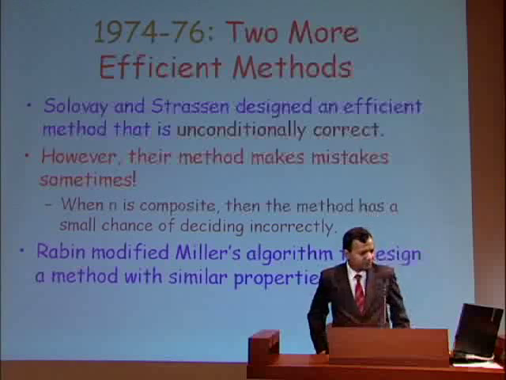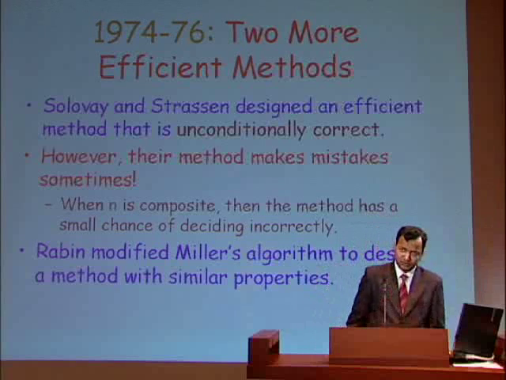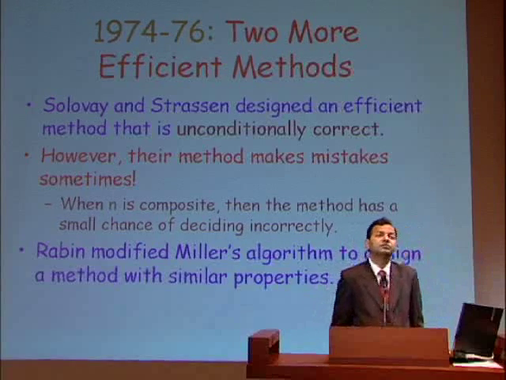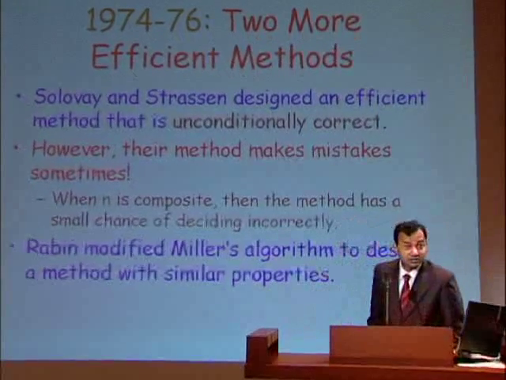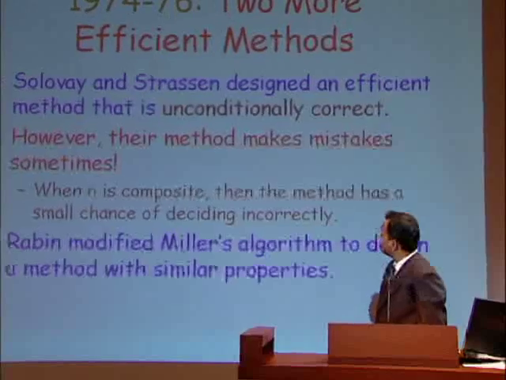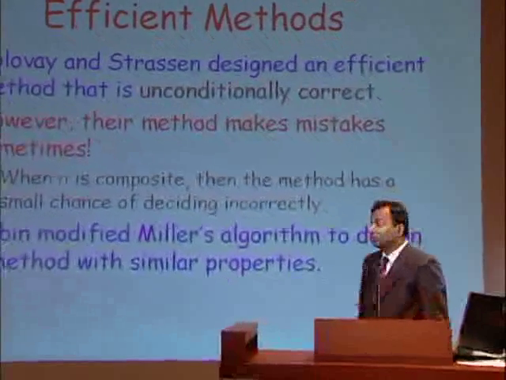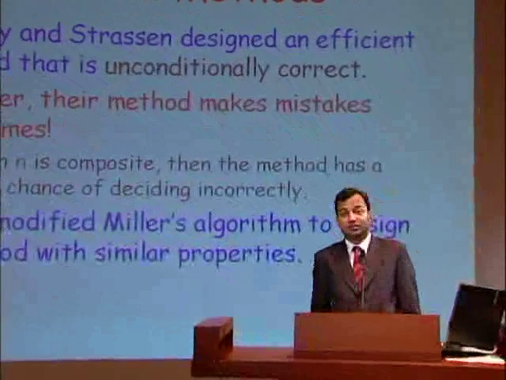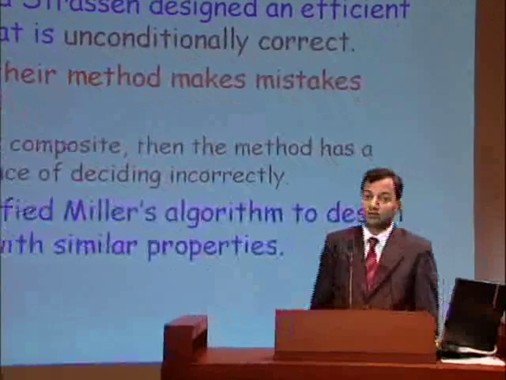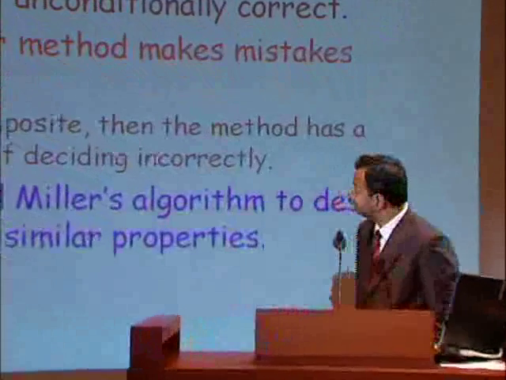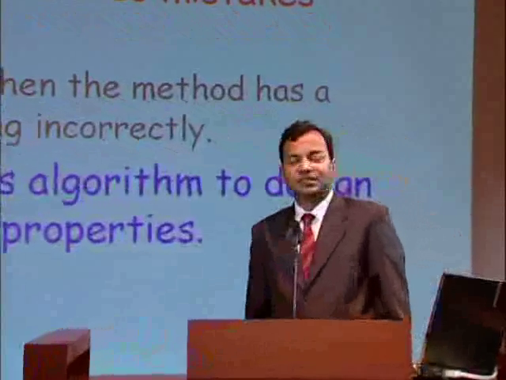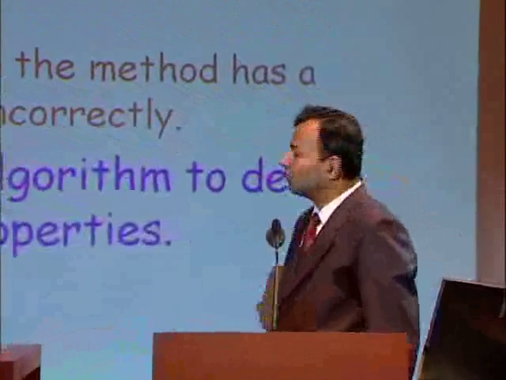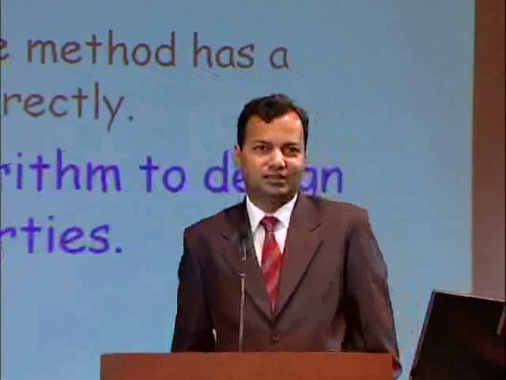And soon enough, within the next few years, two more efficient methods came about. One was given by Solovay and Strassen. Theirs was an efficient method which was unconditionally correct. It did not require one to assume any hypothesis. The slight glitch was that their method could make mistakes sometimes.